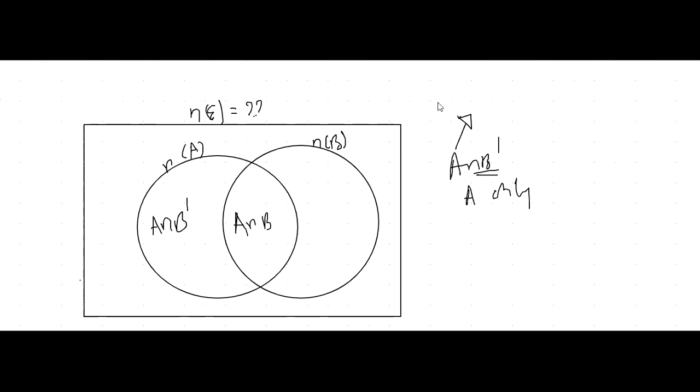But now, since we are in advanced level, we are going to be calling that area A intersection B complement.